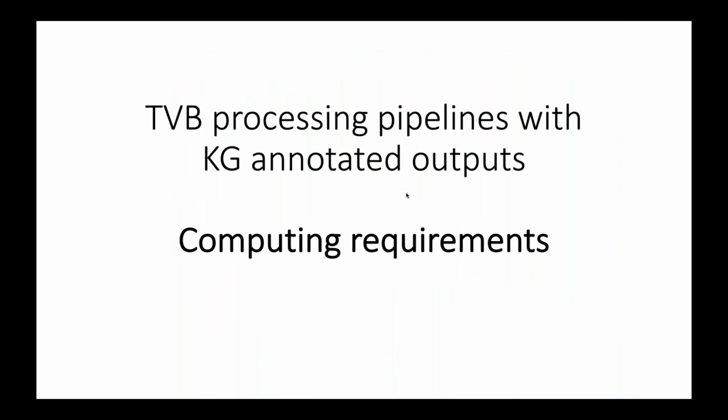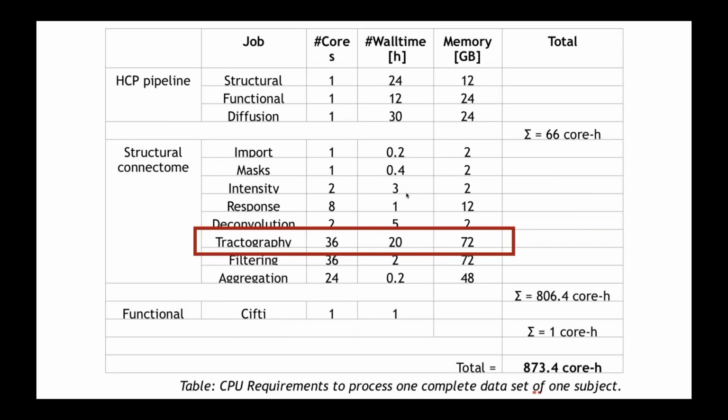A few words about computing requirements. What makes this workflow expensive is mostly the tractography step. All other steps are relatively cheap and could typically be run with relatively standard resources, which can also be found in a normal home computer.